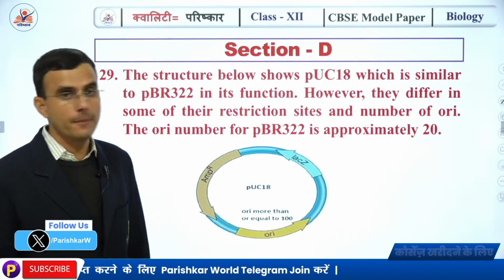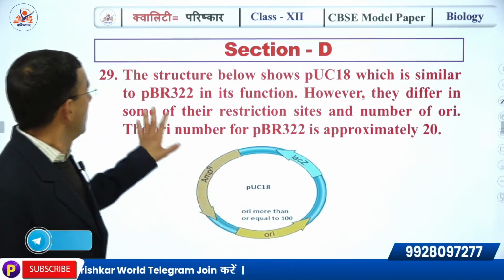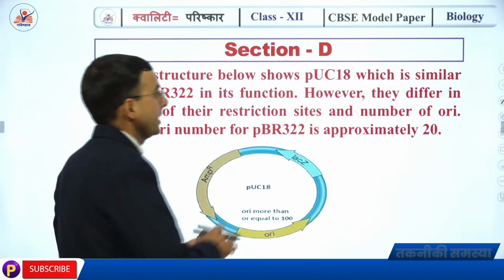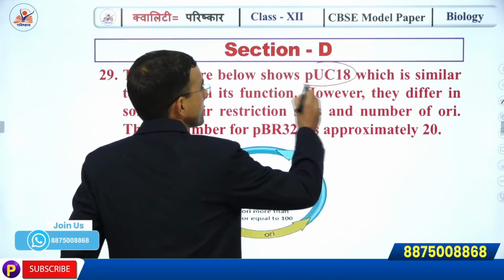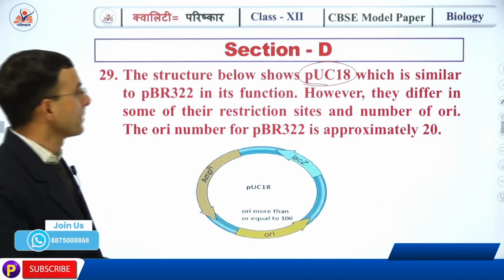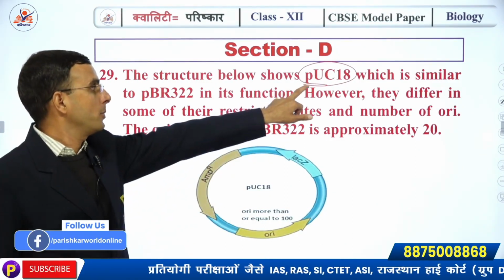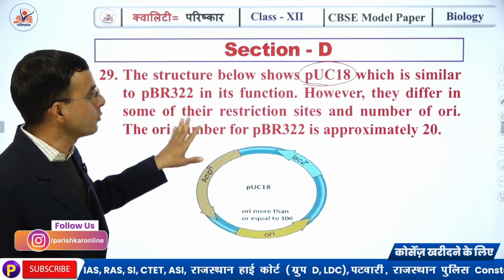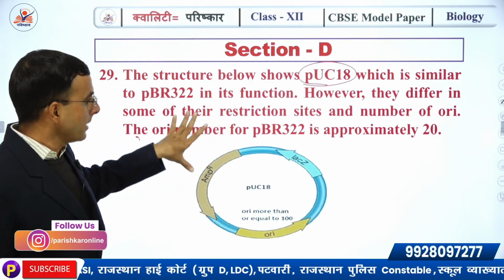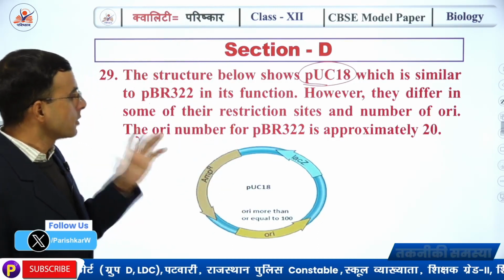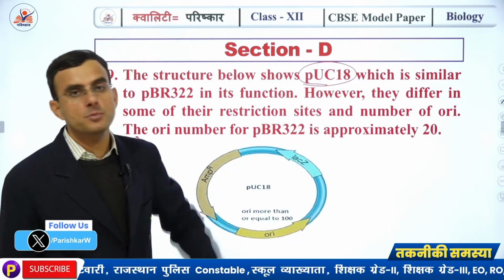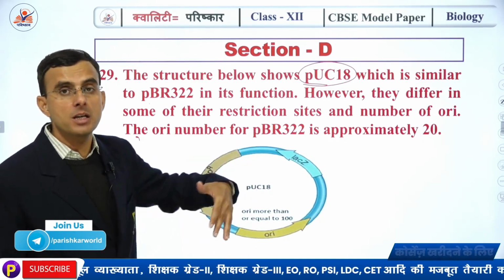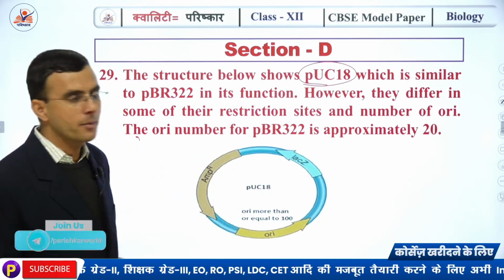Now section D. In section D, the structure below shows two plasmids, pUC18 and pBR322. So how are these two plasmids different from each other, and which one is more useful? Look at it.